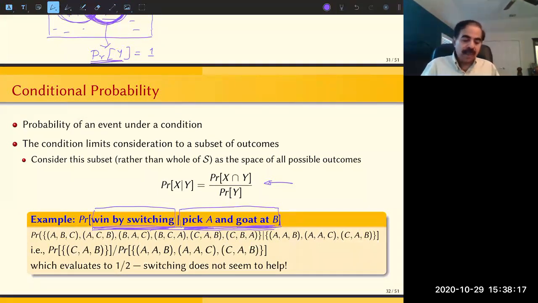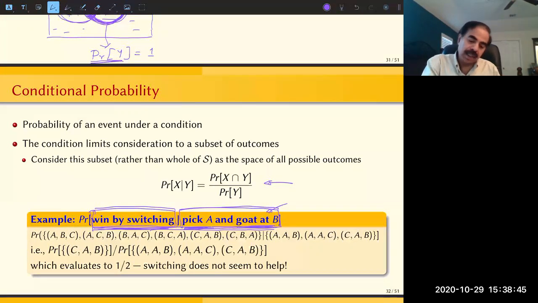So we are going to simply list the sample space, and then identify what subset of the sample space is given by this event, and what subset is given by the other event.